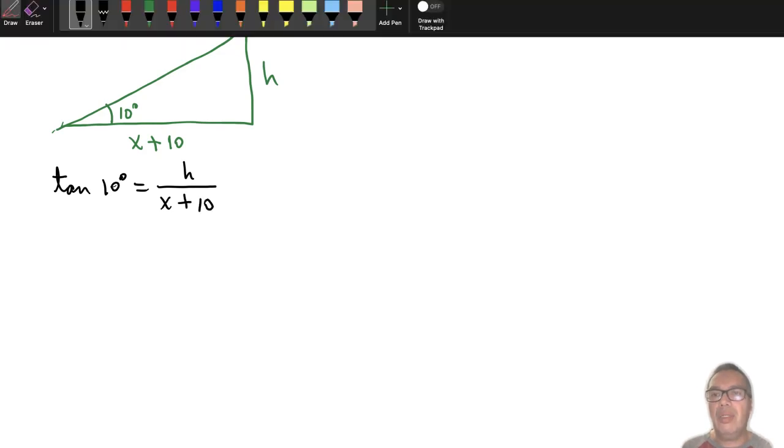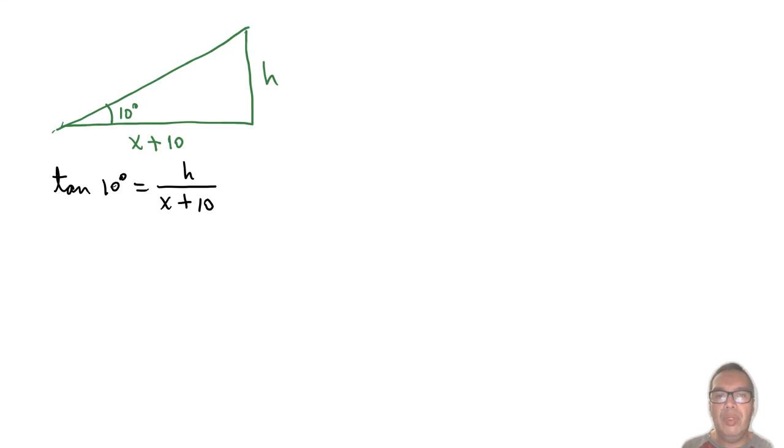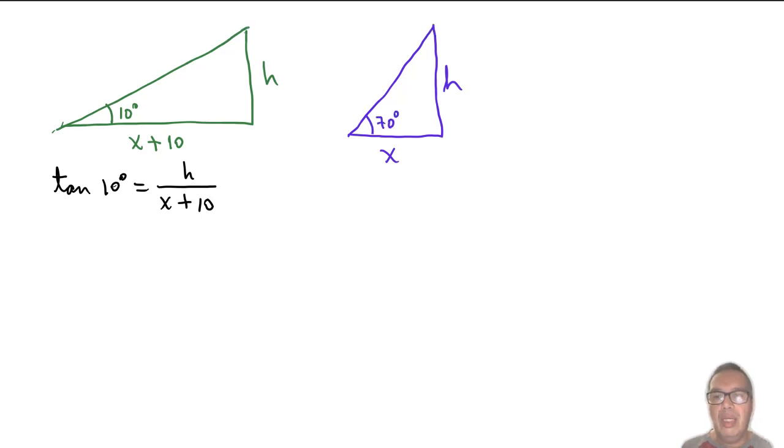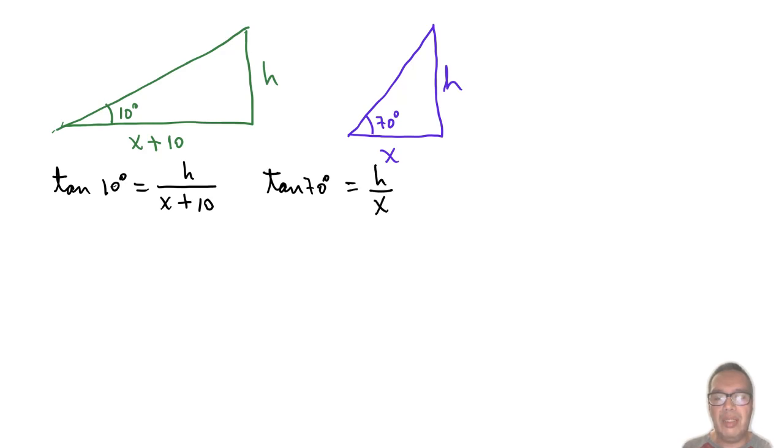Then your second triangle, which is narrower, but has the same height, has a height of h, an adjacent leg of x, and the angle is 70 degrees. Therefore, your equation becomes tangent of 70 degrees is equal to h divided by x.